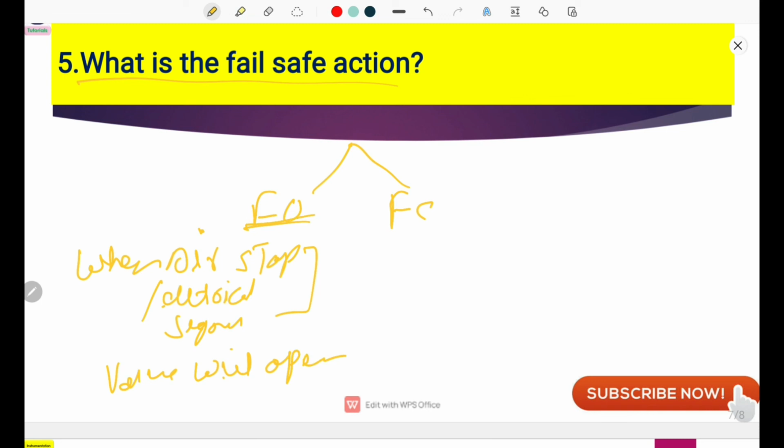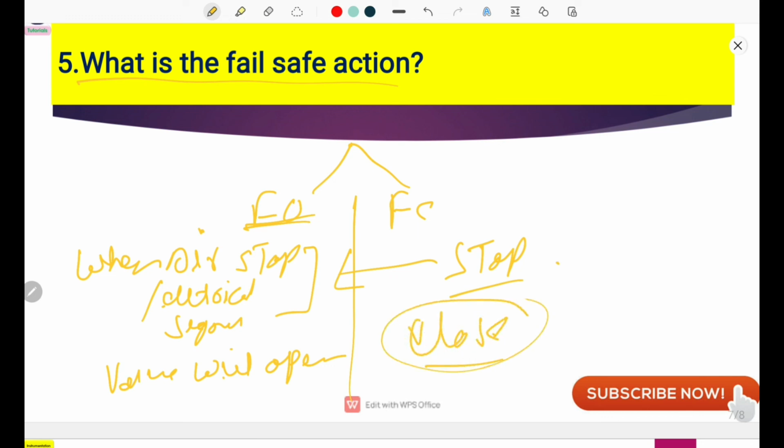In the same way, fail close means when the air or electrical signal is not available, your valve will close. Suddenly it will close if it is open and the air and electrical signal are lost. So these are the fail-safe actions.